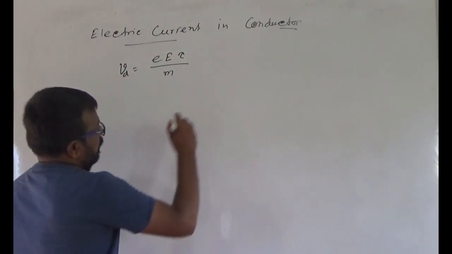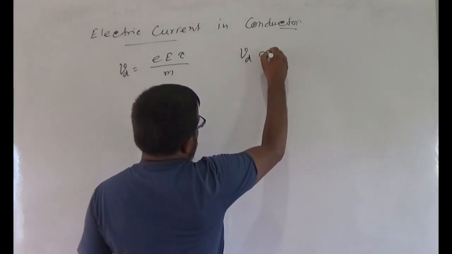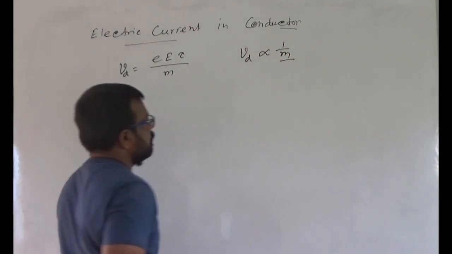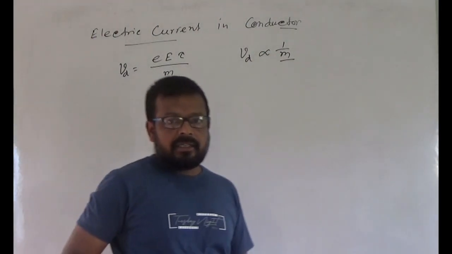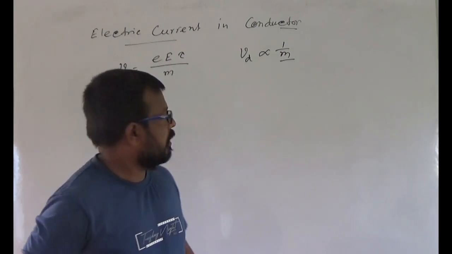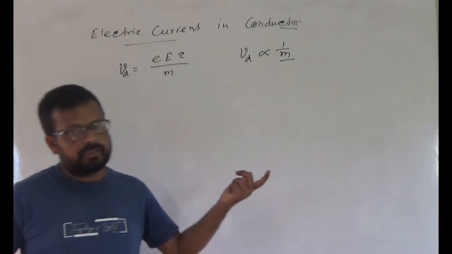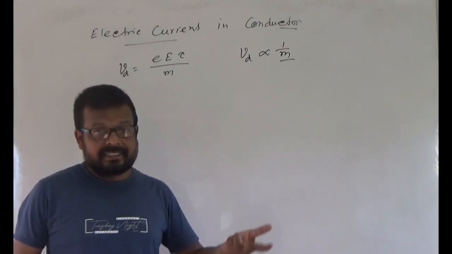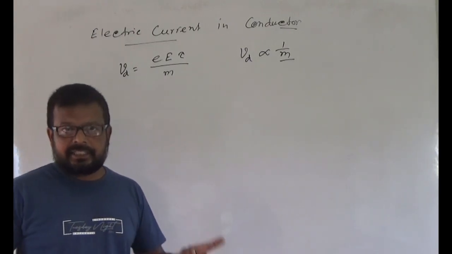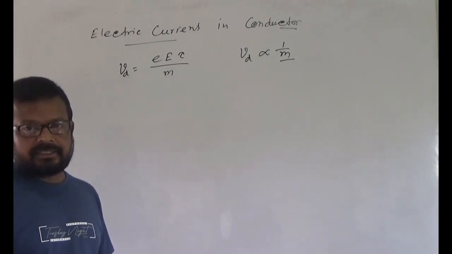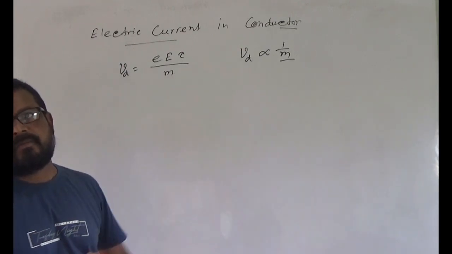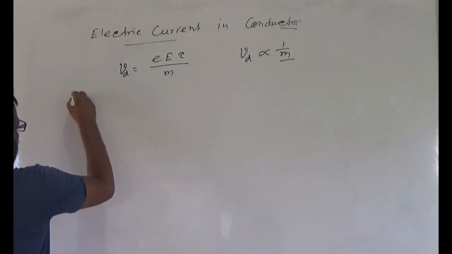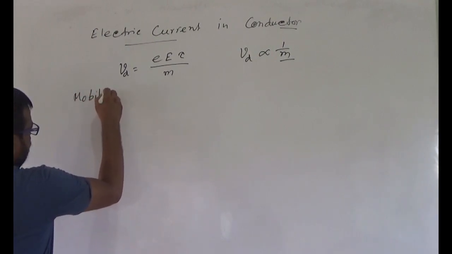Again, Vd is proportional to 1 by m, that is, drift velocity is inversely proportional to the mass of the charge carrier. Here the mass of the charge carrier is the electronic mass. If there is another charge carrier of different mass, then its drift velocity will be different from that of the electron. Now we are defining another quantity which is called mobility.